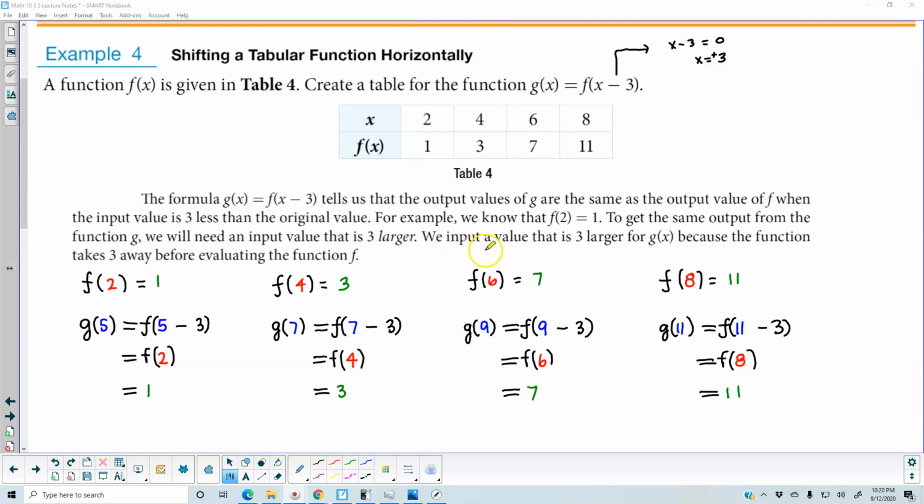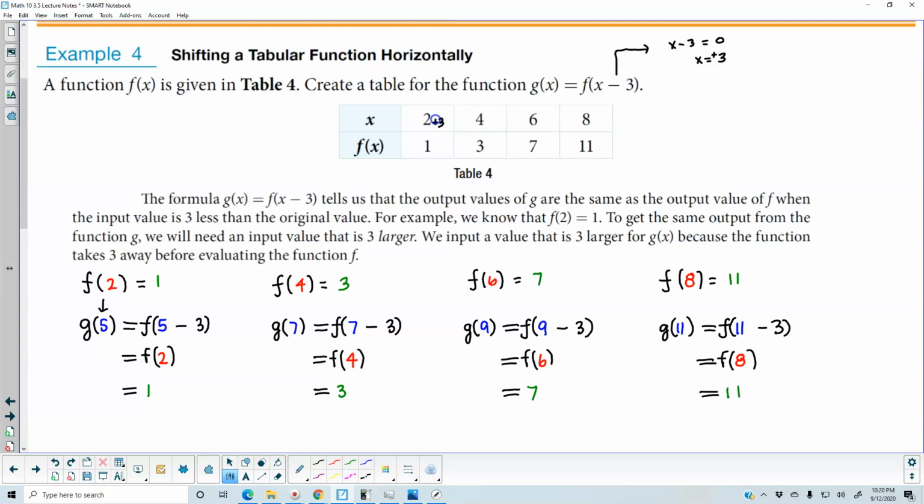So we input a value that is 3 larger for g of x because the function takes 3 away before evaluating the function. If we take 2 and add 3, we get an input of 5.